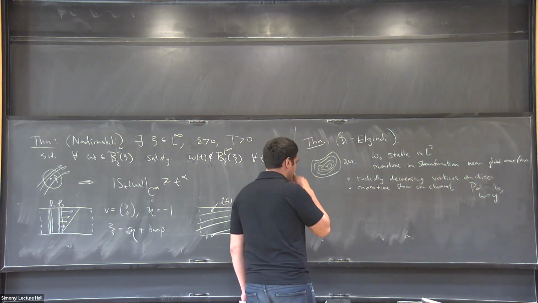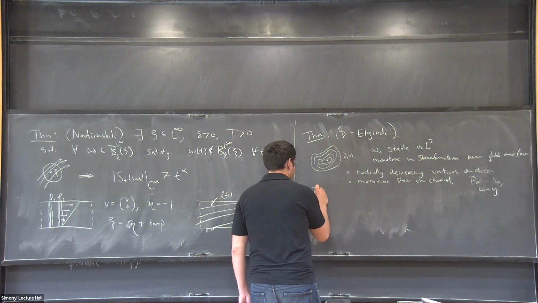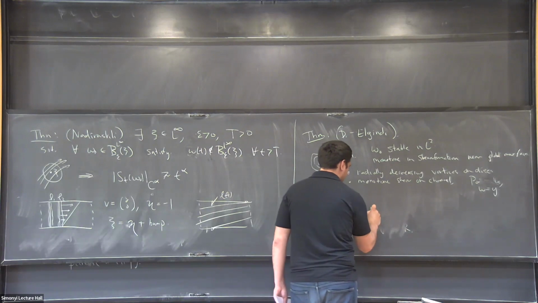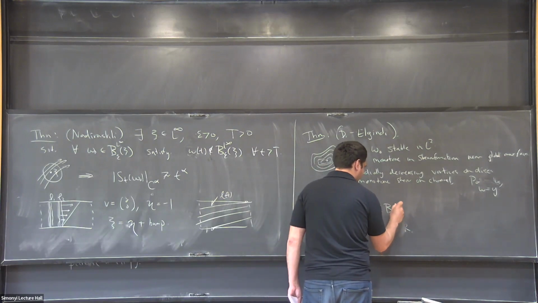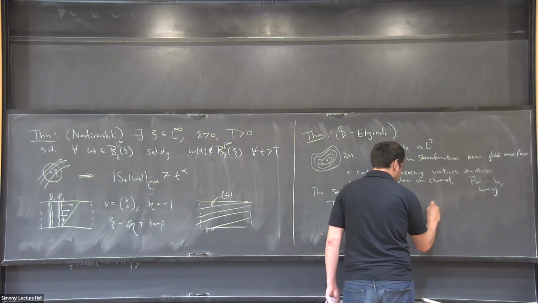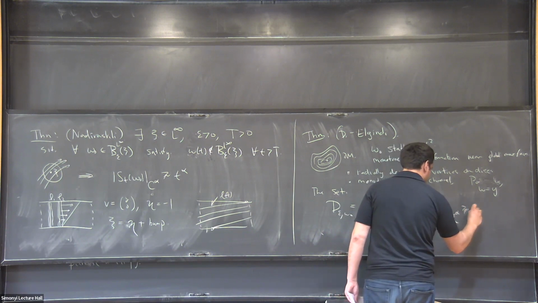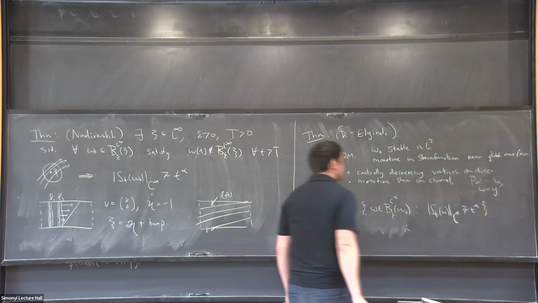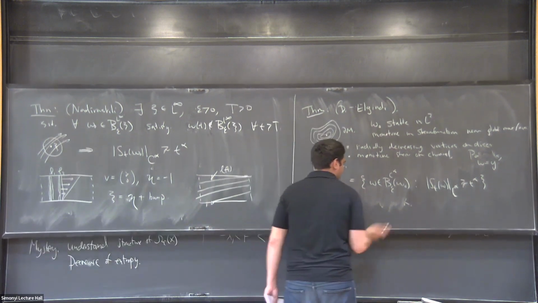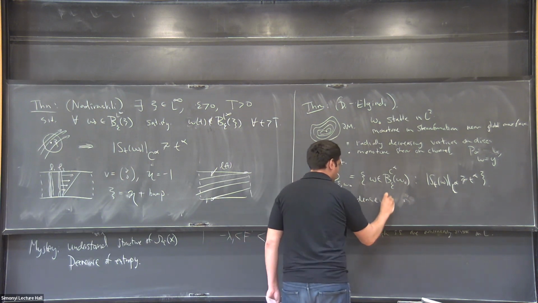So for any such steady state, let's call it D epsilon omega 0 the set of omega in a ball of radius epsilon around that steady state in C alpha, such that the corresponding solution in C alpha grows at least like t to the alpha. So the set of points in that neighborhood which have this growth, like Nadirashvili shows, this is open and dense in the ball.